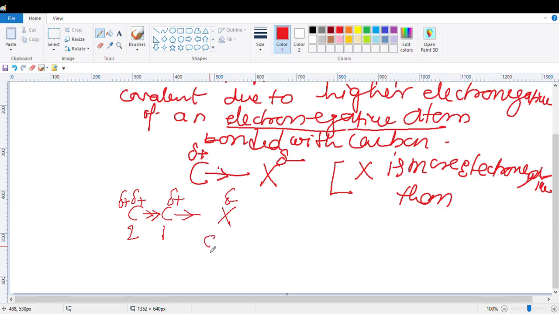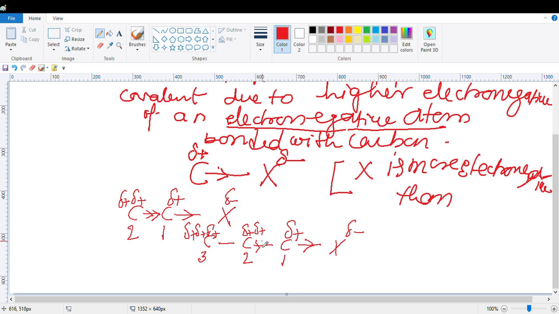If we are taking three carbon atoms in a chain, C1, C2 and C3, the X will get partial negative, C1 will get one partial positive, C2 will get two partial positive, and C3 will get three partial positive charges, showing that one partial positive, that shared pair of electrons, is in direct influence of X. In case of C2, the X is attracting the electrons from C1 as well as from C2.